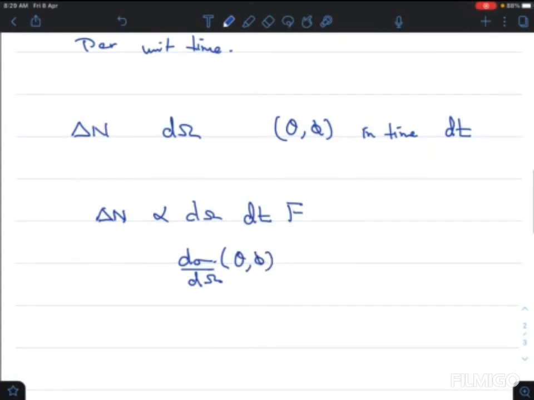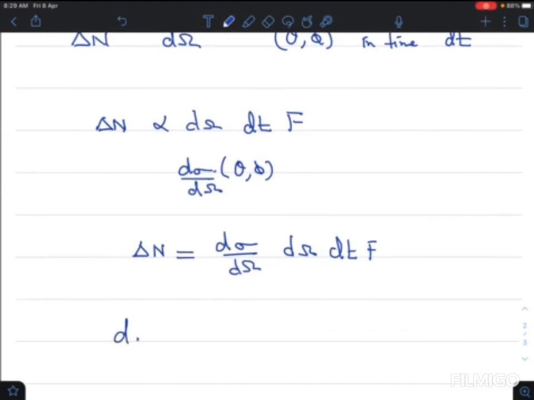So we can now write delta n is equal to d sigma by d omega into d omega dt, and so d sigma by d omega is known as the differential scattering cross section.